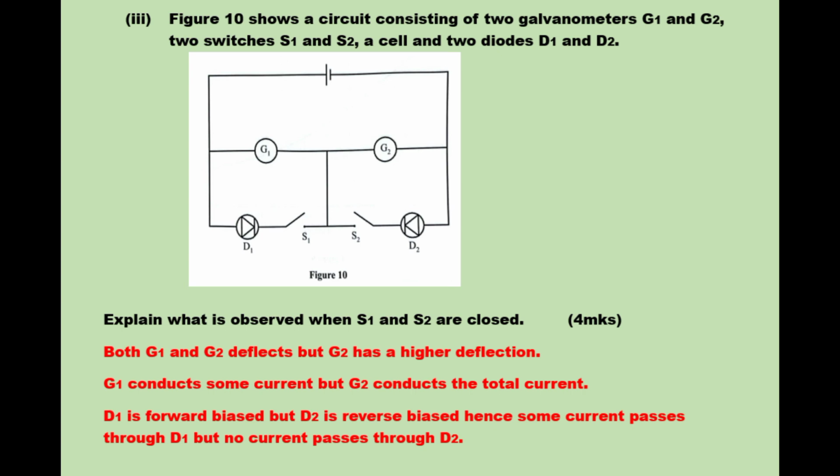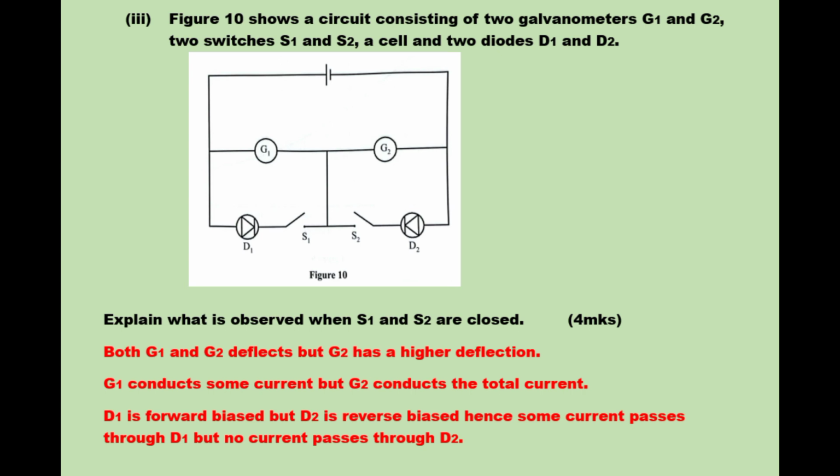That means the whole current passes through the upper junction, which combines with that one for galvanometer 1. So from diode 1, the whole current combines with that of galvanometer 1, which now passes through galvanometer 2 and back to the negative terminal. That means no current passes through diode 2.